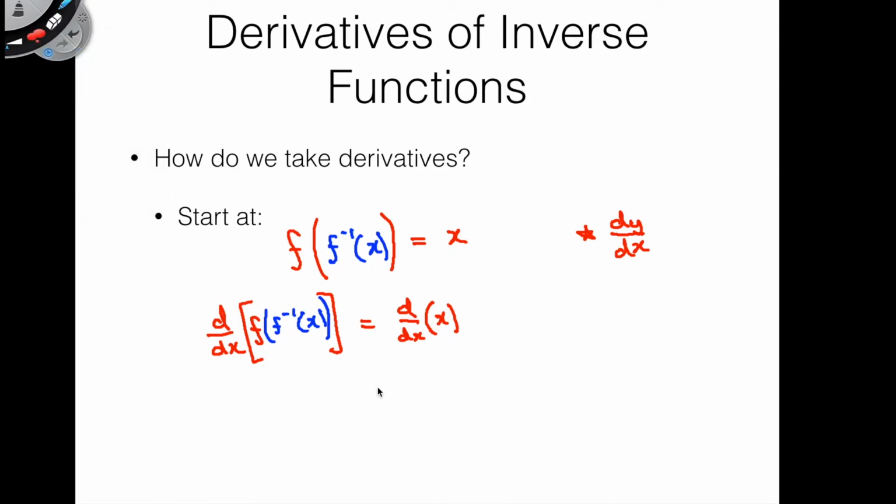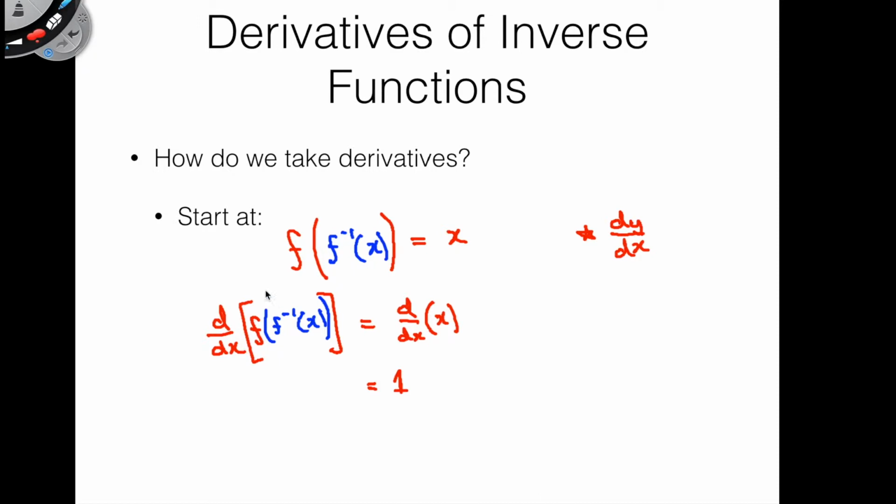And now we can start taking these derivatives. The derivative of x is just 1, right? And now the derivative of this is just a little bit more complicated. But as you can see, we have one function inside another, which is a composition of functions, which should immediately pique your interest, being a chain rule problem. All right, so we're going to use the chain rule here.